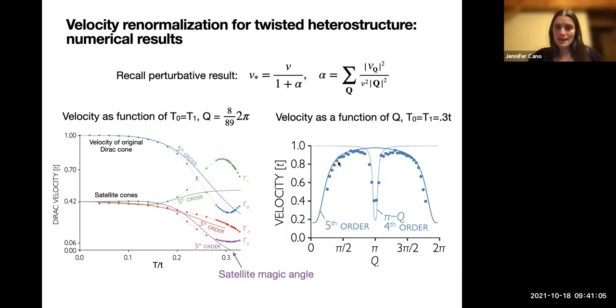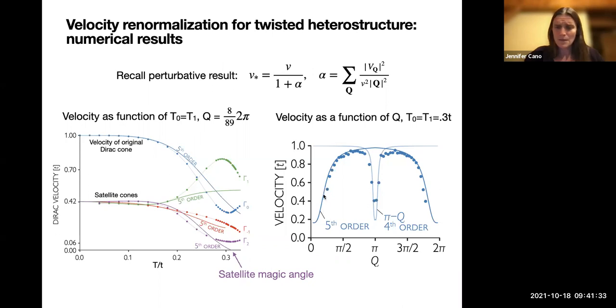And we can see that as the wave vector q gets smaller, the velocity also starts to nosedive. And so that agrees with our perturbation theory. And you can see that the dots agree very well with the perturbation theory, which is shown by this line. But the thing that's interesting is that here also the Dirac cone velocity drops down to about 0.5 of its original value. Maybe it would keep going.